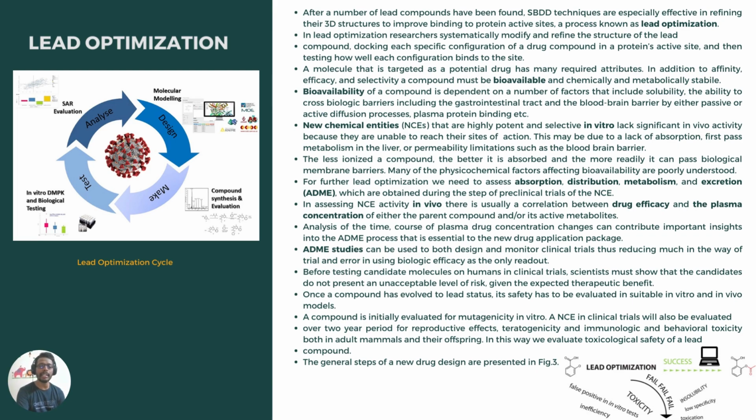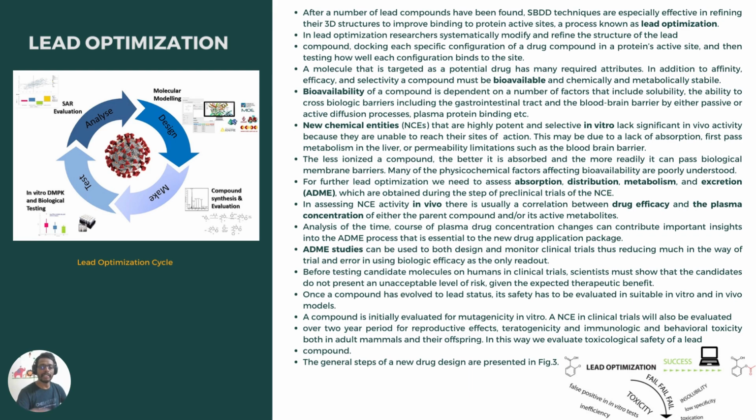Once the compound has evolved to lead status, its safety has to be evaluated in suitable in vitro and in vivo models. A compound is initially evaluated for any mutagenicity, or whether any mutations are happening in vitro.